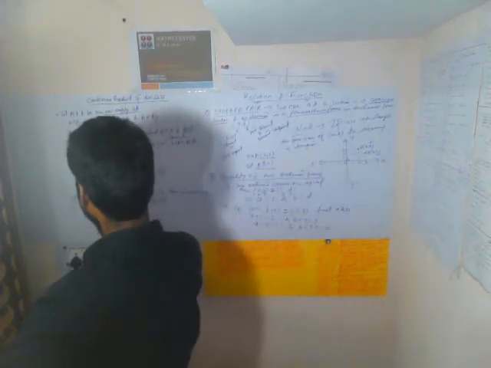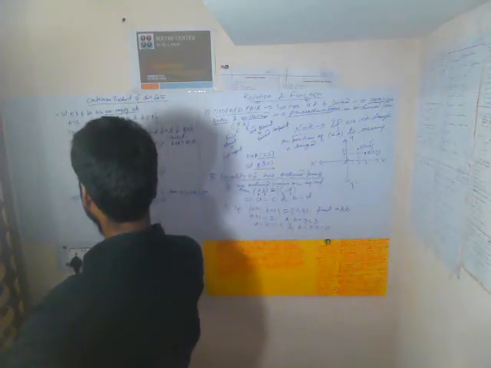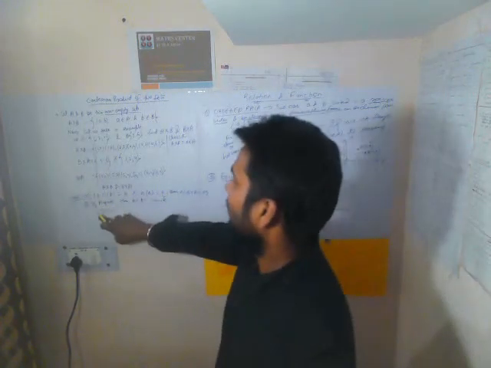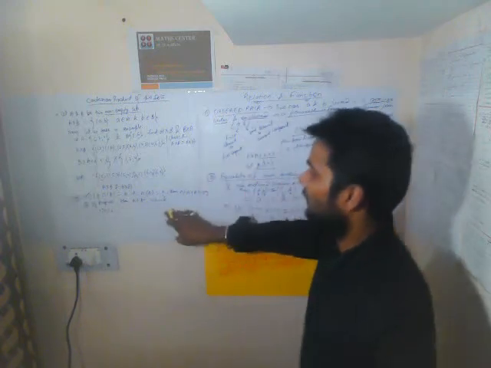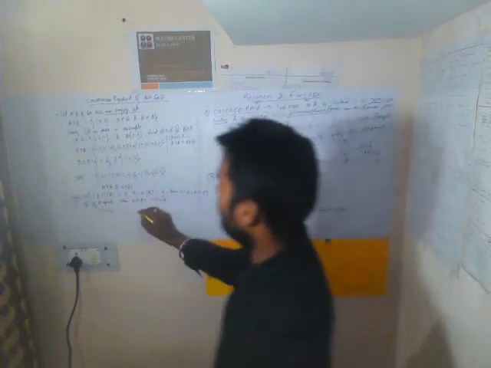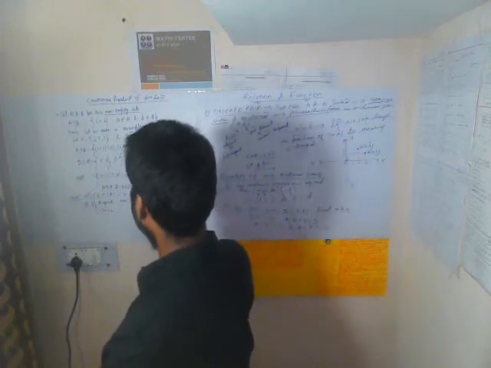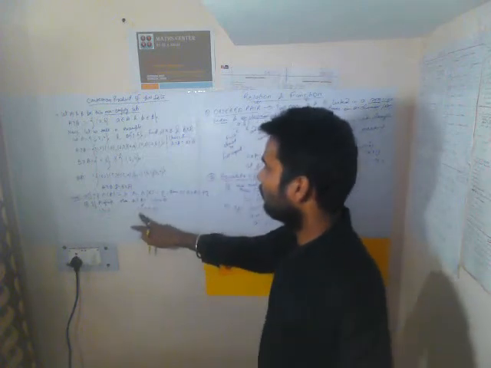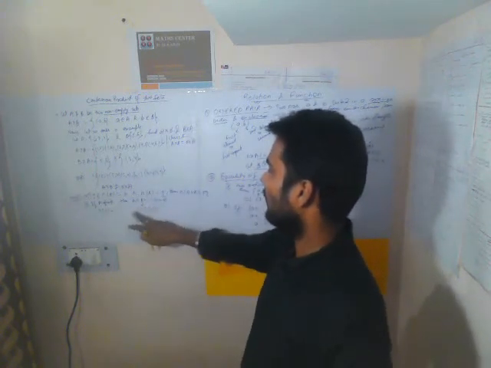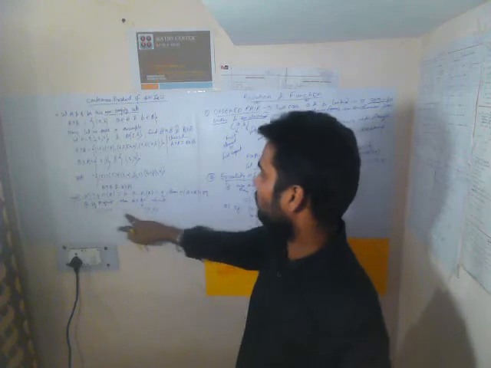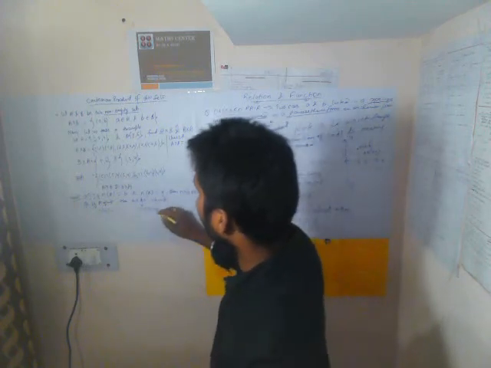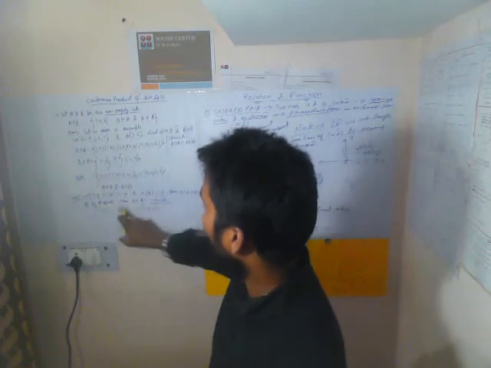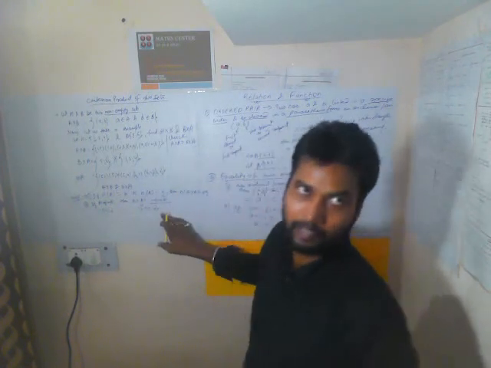That means 1, 2, 3, 4, 5, 6, and we don't know the end of set A. So the product will form in the same way: 1 with the elements of B, which is given, suppose {2, 5, 9, 10}. So it forms the set (1,2), (1,5), (1,9), (1,10), and in the same way it goes on. So the value of A cross B is infinite if either of the sets A and B is infinite.